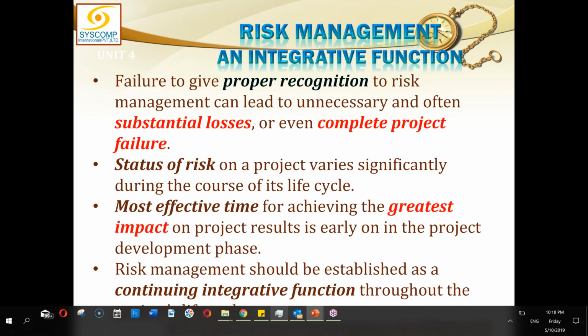Risk management is completely continuous and integrative in nature. Throughout the life of the project, we have to keep identifying the risks all the time, analyzing them, coming up with the responses, and integrating all this into the project management plan.